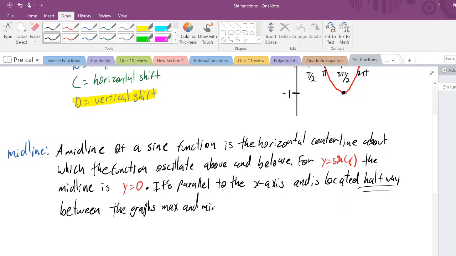That means the highest point and the lowest point. It is affected by any vertical shifts of the graph.